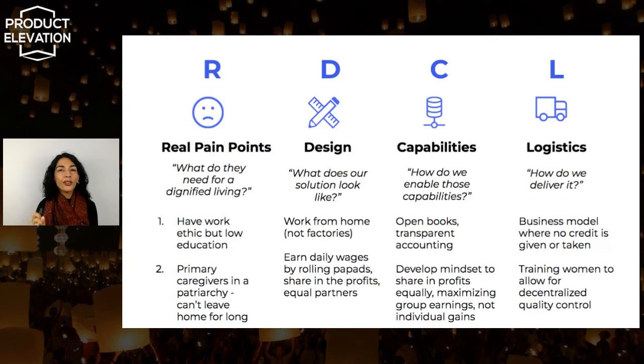Can you imagine 45,000 lawyers in a firm who are splitting profits equally regardless of seniority? I mean, it's just unfathomable, right? And so in terms of capabilities, they had to build this mindset in these women that we're going to share profits equally. The mindset was that we are going to have to maximize group earnings, not think about our individual gains.